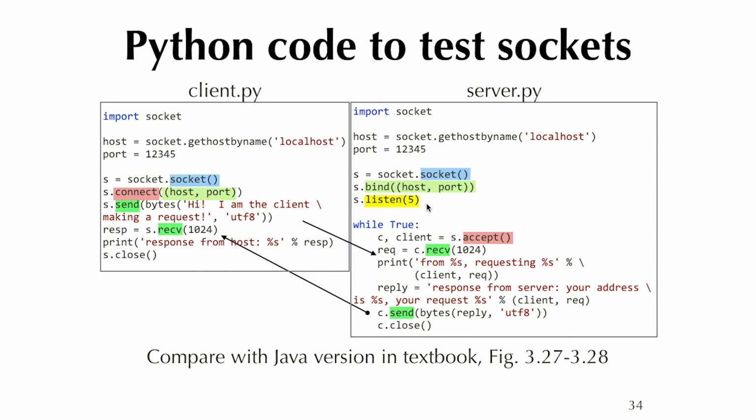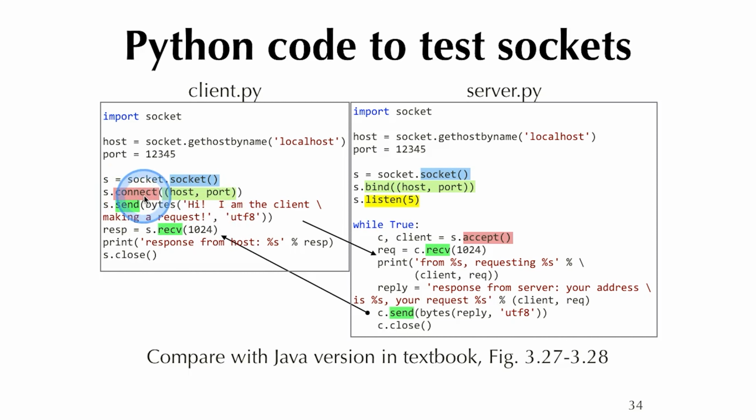One client can connect to a server at a port, but then a server can accept connections from multiple clients. Okay, and so how do you know as a server which client you are talking to? That's why the code is somewhat asymmetric. On the client side, you just construct a socket and then do a connect to the host and port tuple.